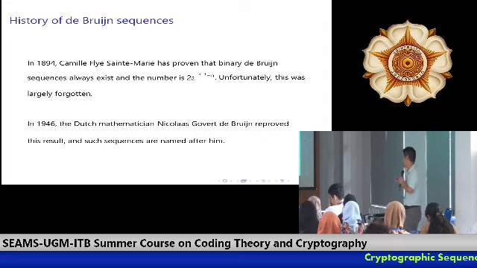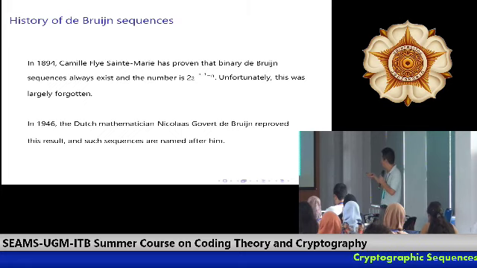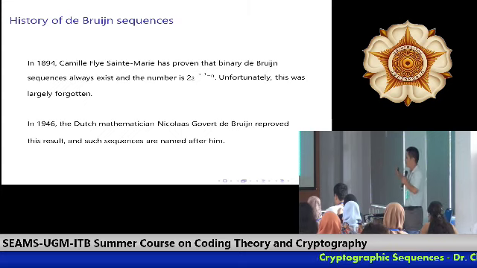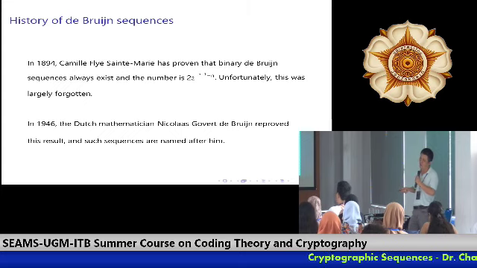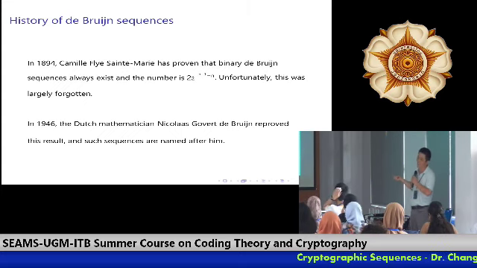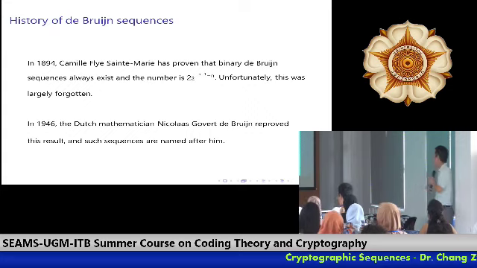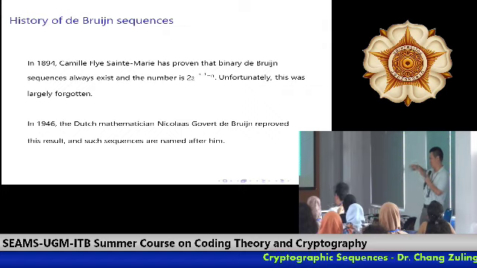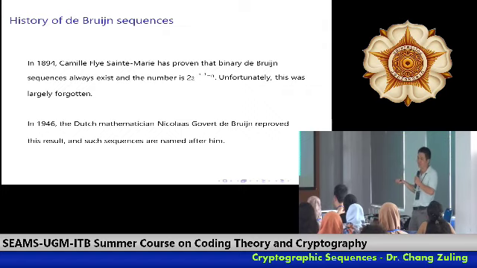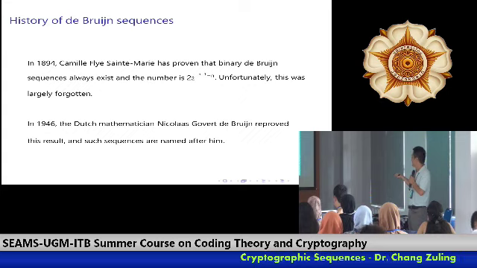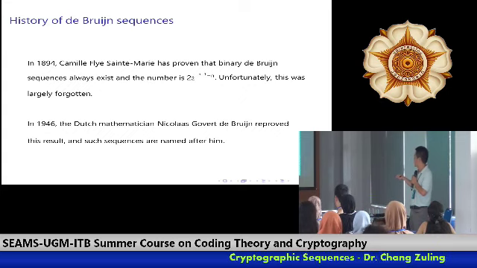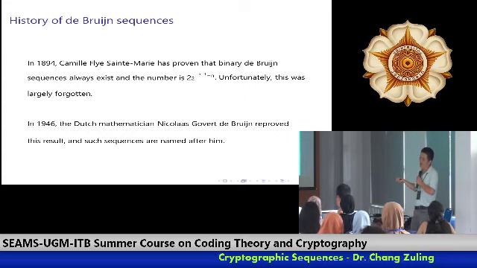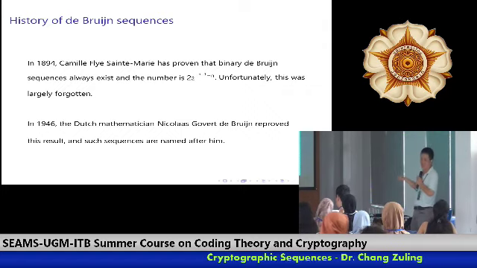I think this guy was not famous, so the result was little known. Nearly nobody knew the result, so it was forgotten. At last, somebody else also considered the problem, and this guy, de Bruijn, Nicolaas de Bruijn, reproved the result.